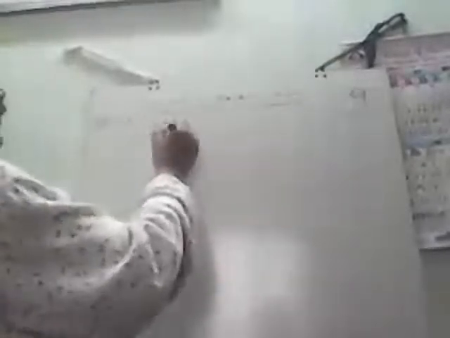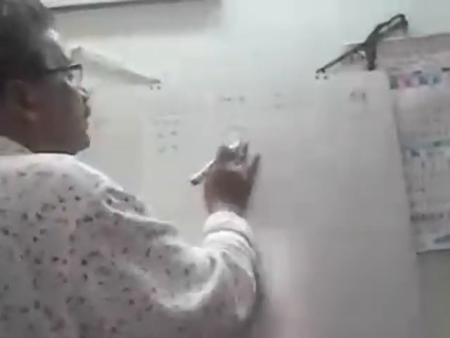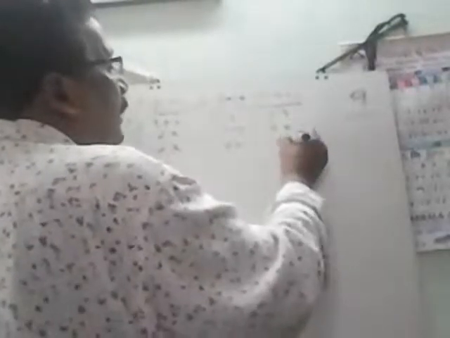The determinant rows are: x plus 4, 2x, 2x; then 2x, x plus 4, 2x; then 2x, 2x, x plus 4.